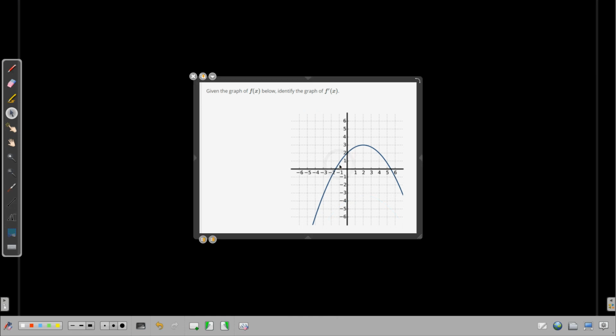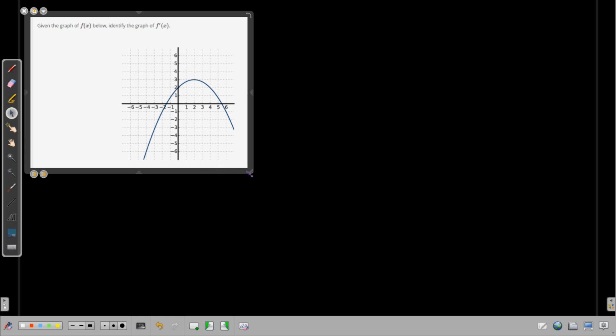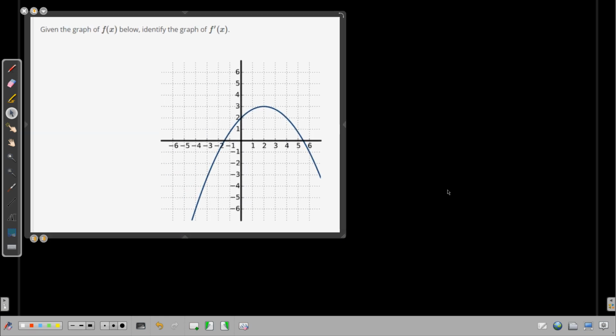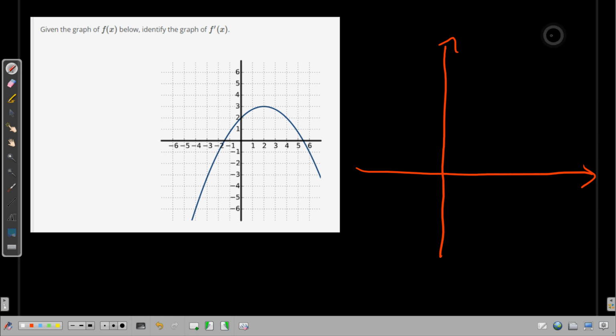Okay, so here's what I'm working with. Now, over here I will sketch a graph of f prime. So this will be my graph of f prime, and this is the graph of f right here.